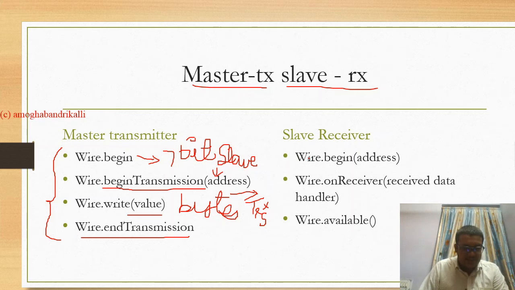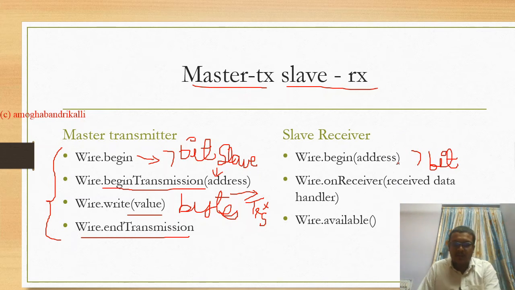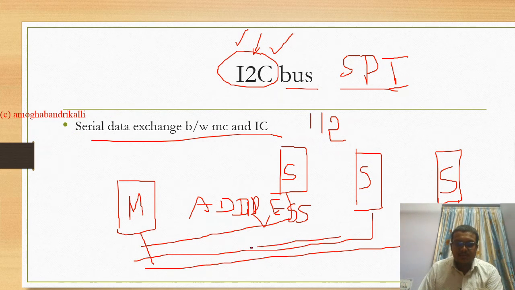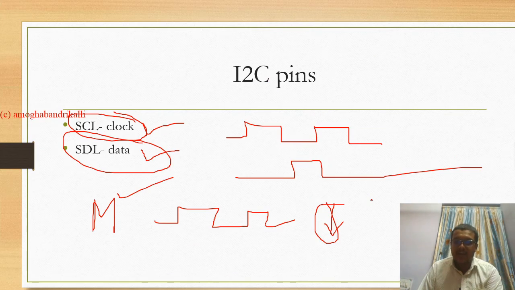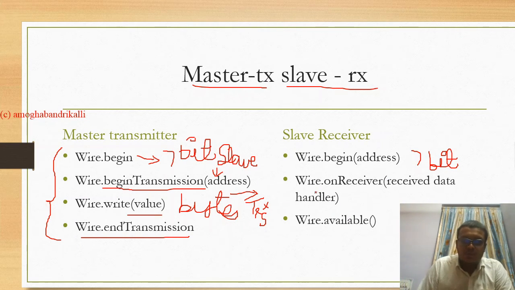Whereas the slave as a receiver, here also it will have a 7-bit address. It will be continuously watching this bus. Whenever its address is found, it is going to be activated. So Wire.onReceive is a handler, a function to be called when the slave device receives data from a master.